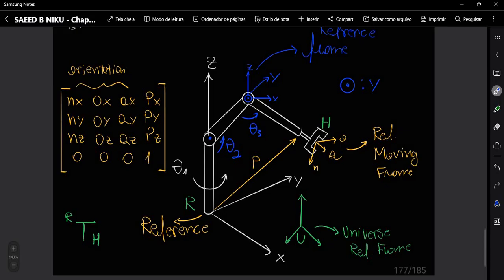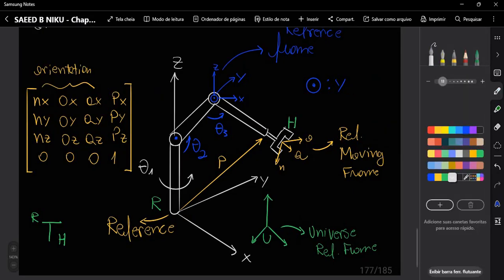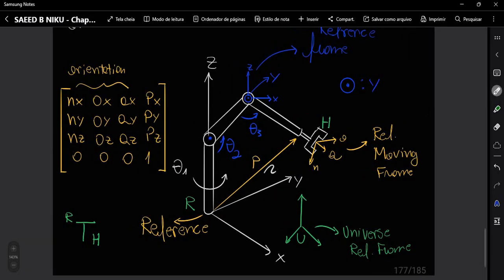And right now we can do a decomposition of this p vector. So decomposing this p vector in sine and cosine components.